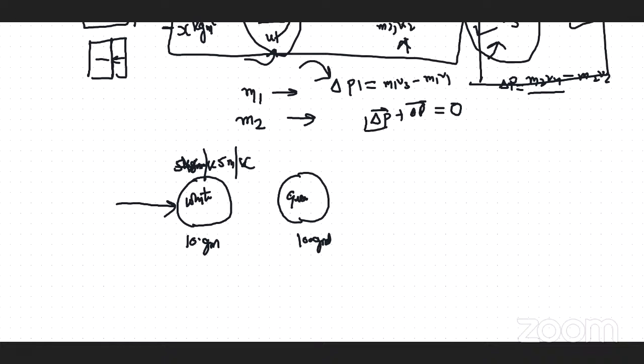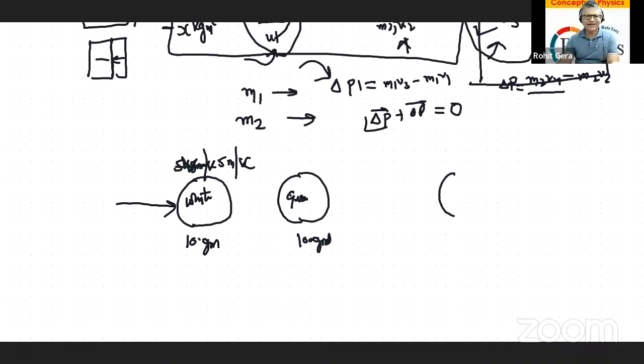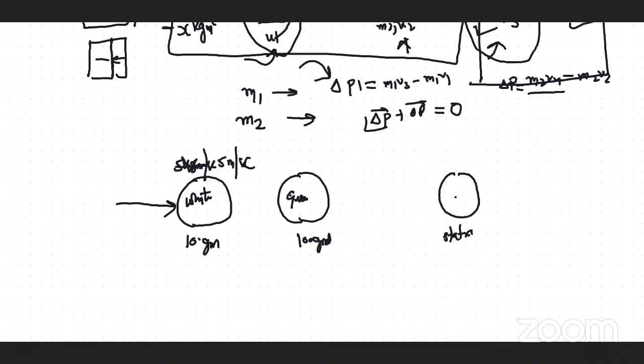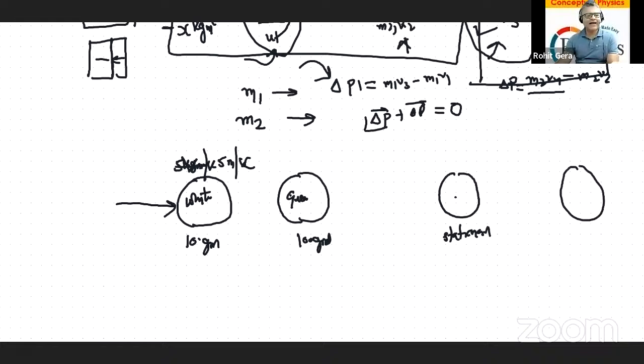The white ball becomes stationary and the green ball starts moving. Since they're identical and the momentum has to remain conserved, what should be the velocity of your green ball now? There's an exchange of momentum between them. Earlier, this had a momentum. It provided the momentum to this ball, and the green ball started moving, and the ball which provided the momentum becomes stationary.